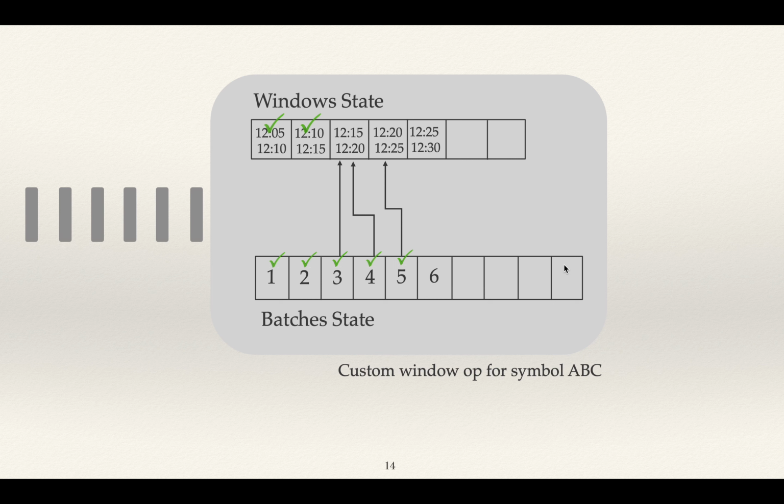The important property here is that when the operator marks a continuous range of batches as completely processed, it can safely close the affected time buckets up to that bucket. So in this example, we can emit the results for the time bucket 12:15 to 12:20, as all subsequent batches do not affect this bucket.